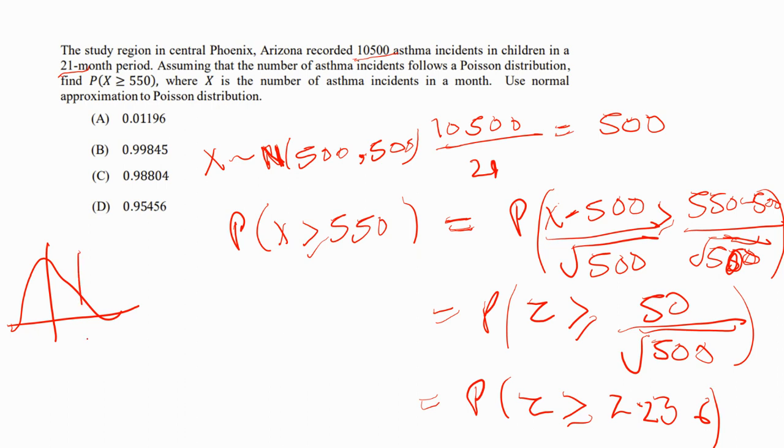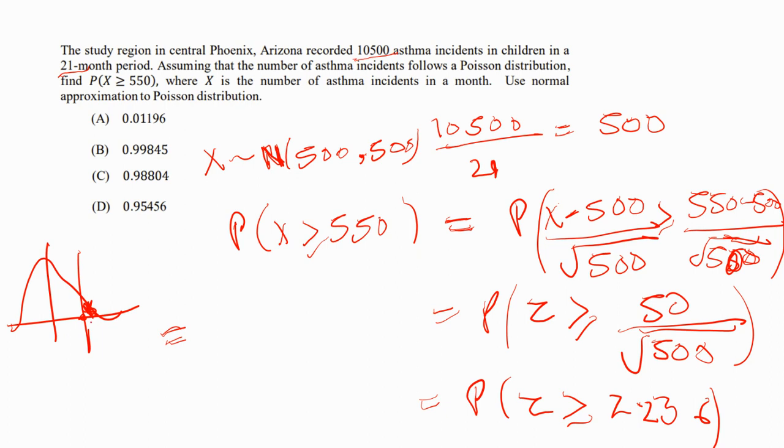Okay, z greater than 2.236 will be what? 1 minus phi at 2.236. So whenever you have confusion like whether we need to do minus or plus or direct value, then always try to make this plot. If you make this plot, these things will be very clear.